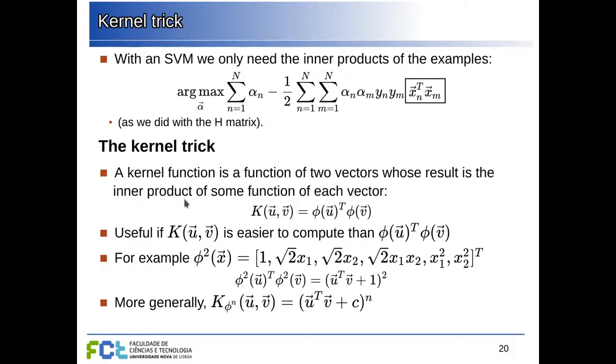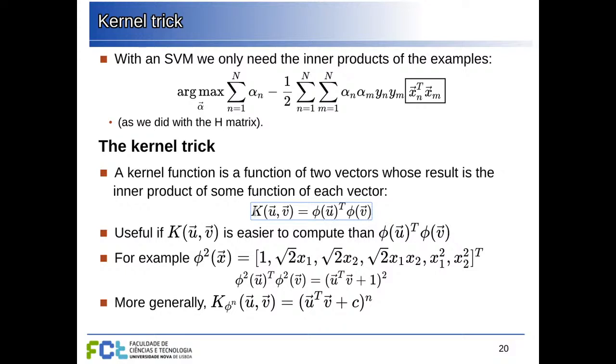So in this context, a kernel function is a function of two vectors whose result is the inner product of some function of each vector. So we have a kernel function of vectors u and v that is the same as applying this function phi to u and to v, so phi of u, phi of v, and then computing the inner product of the two.